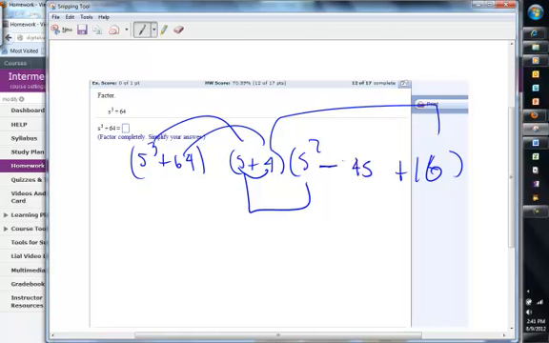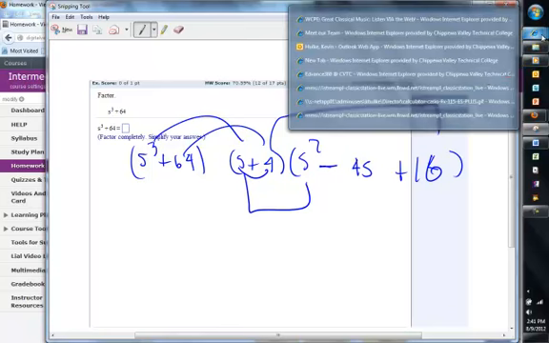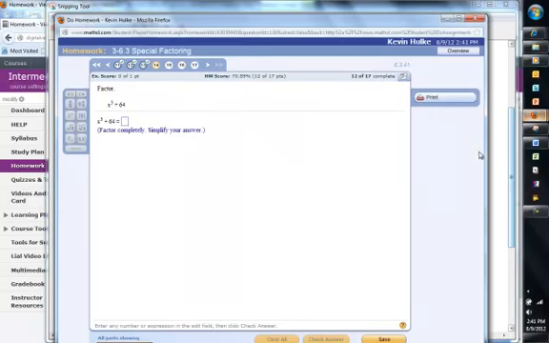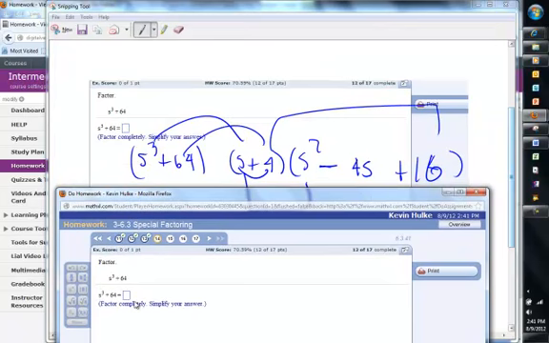The only thing people sometimes get wrong is they forget this is a negative sign. Remember, in every problem, there's always exactly one negative sign. So when we enter this on our computer, we'll get s plus 4, close parentheses, open parentheses, s squared minus 4s plus 16.